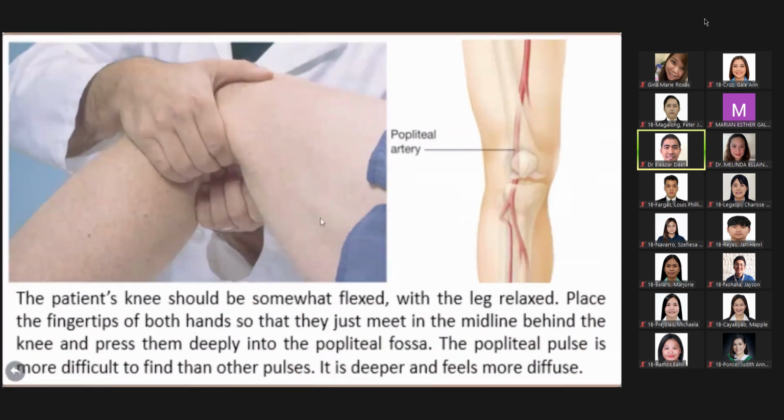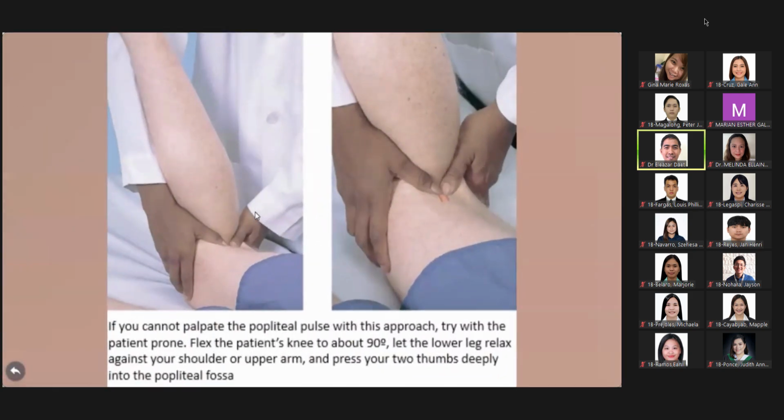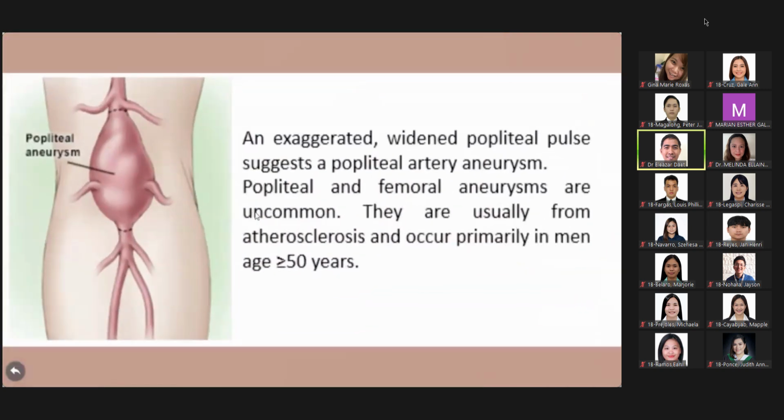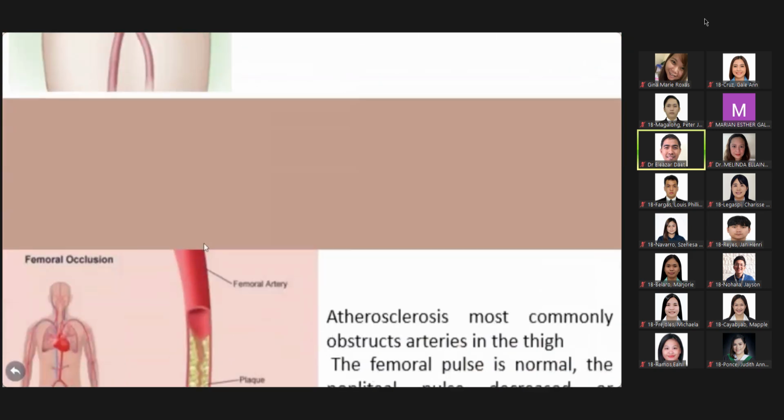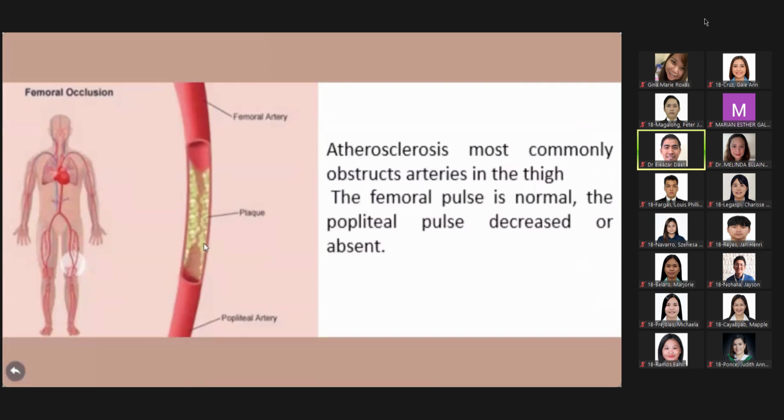The patient's knee should be somewhat flexed, and it is felt at the popliteal fossa, but sometimes it's difficult. You can let the patient lie prone and flex the knee to about 90 degrees. Same with the femoral artery, you can have a popliteal artery aneurysm.